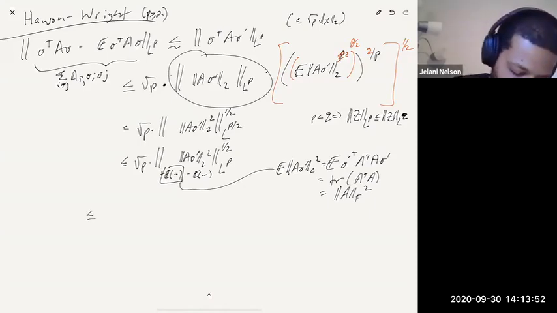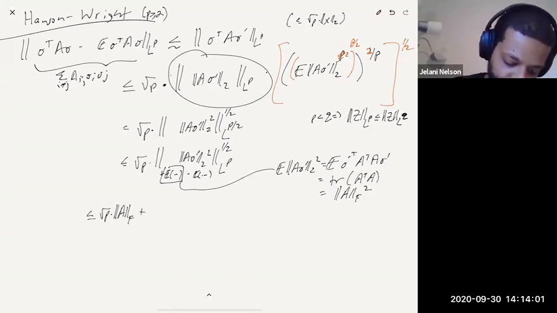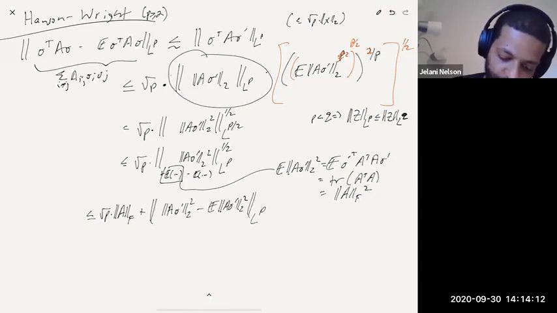So this is at most root P times the Frobenius norm of A plus something that looks like A sigma prime L2 norm squared minus the expectation of A sigma prime L2 norm squared, LP to the 1/2.